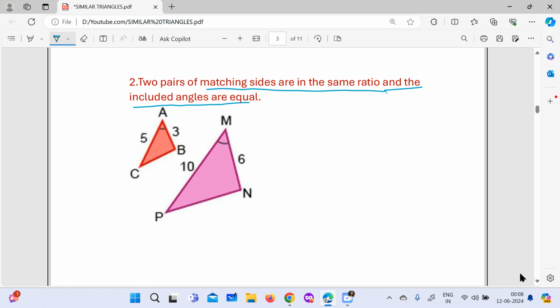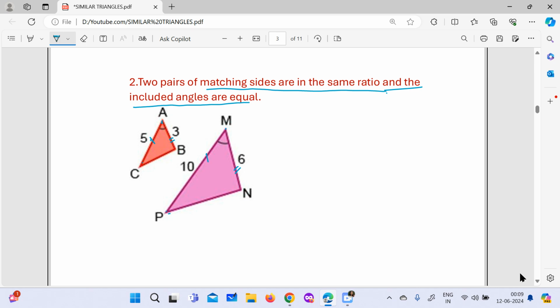So here, if you look at this triangle ABC and MNP, you can very clearly make out this length MP is matching with AC. Okay, and then another thing is two pairs of matching sides. So this is my one pair, and I'll take another pair as AB, and here you have another pair as MN. So two pairs of matching sides are in the same ratio.